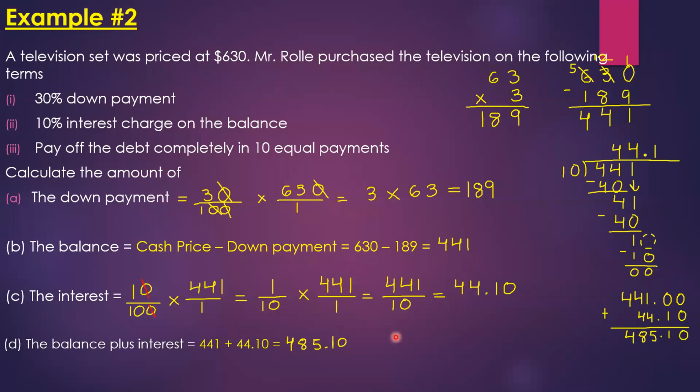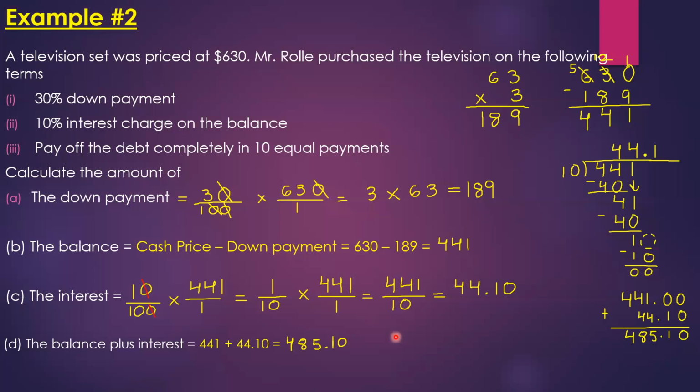For the down payment, we have 30 over 100 times 630 over 1. And we have to remove the zeros, which gives us 3 times 63, which gives us 189. For B, the balance, we take away the down payment from the cash price, which is 630 take away 189, which gives us 441.